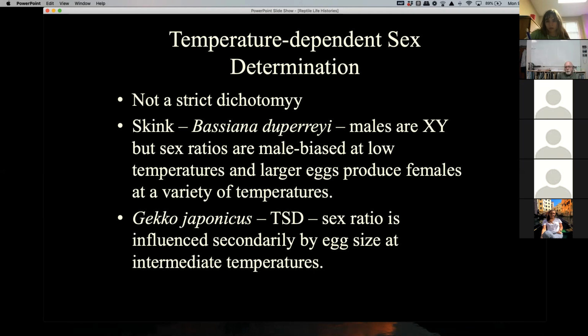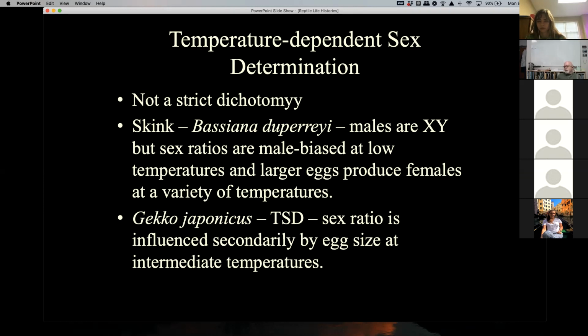Gecko japonicus is a TSD species where sex ratio is influenced secondarily by egg size at intermediate temperatures. And so once again, you can have genotypic sex determination that is influenced by temperature, and you can have a temperature-dependent sex determination situation that is affected by then another environmental factor, something like egg size.